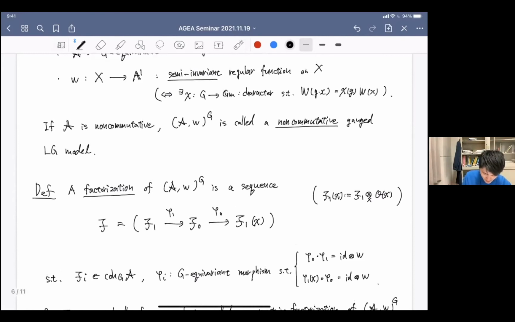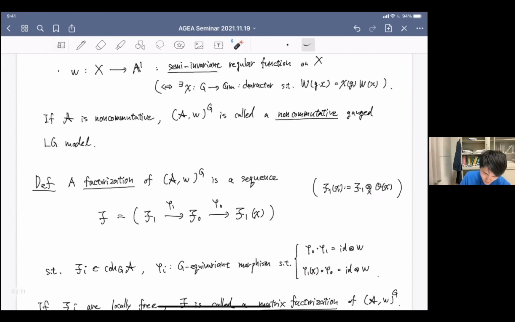And each Fi is a G-equivariant coherent A-module, and each phi i is a G-equivariant morphism such that the compositions of phi i are multiplication by W. Here F1 chi is defined to be the tensor product of F1 and O chi.